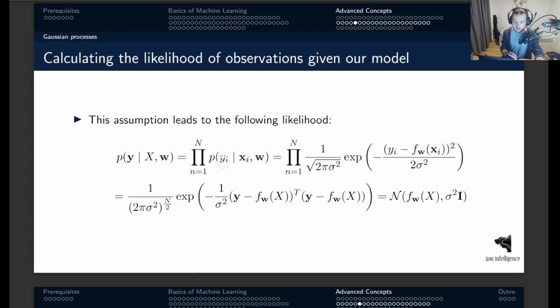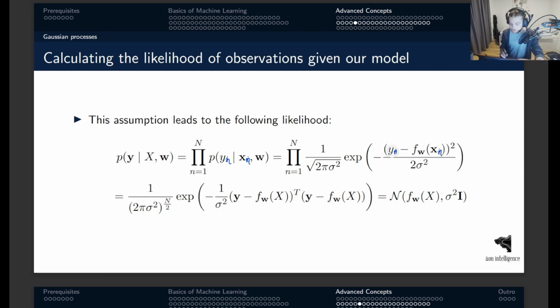And since we made the IID assumption, this density is equal to the product over n observations of the individual labels conditioned on the individual realizations of our observations and the parameter vector w. And I just noticed that here's the index i, but it should be a small n. And since all of these terms are univariate Gaussian densities, we have the following product over n observations. We have this normalization constant times the exponential of this bit. So again, I have to change this to n.